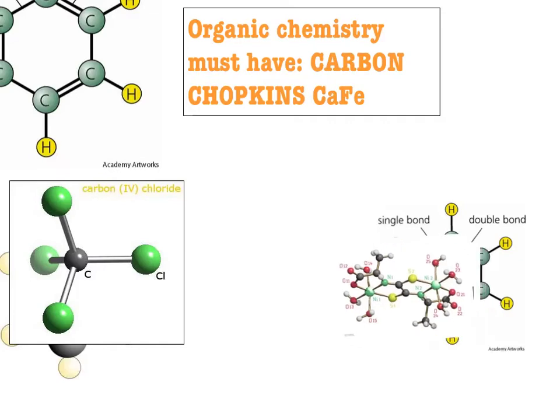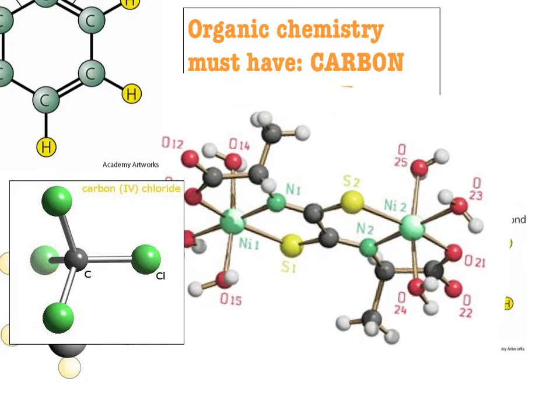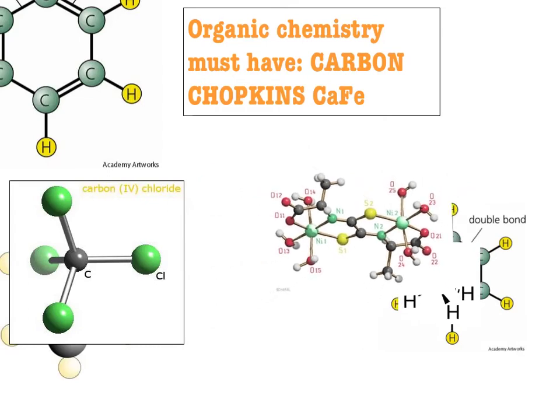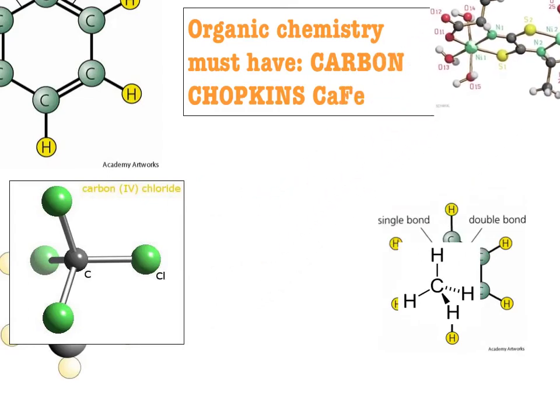In this example, let me enlarge it. As I look around everywhere, I don't see any examples of carbon. There are no examples of a capital C in this molecule. So this molecule would not be organic.